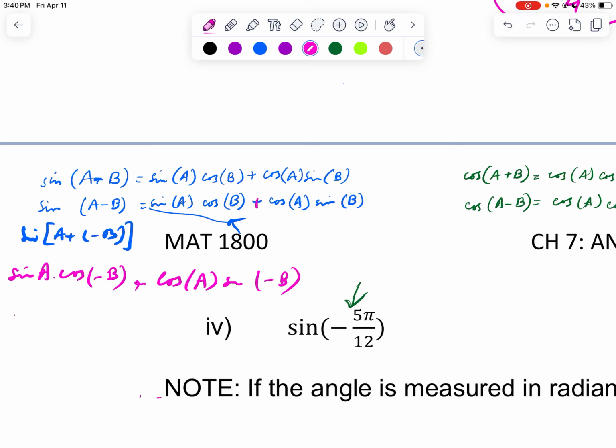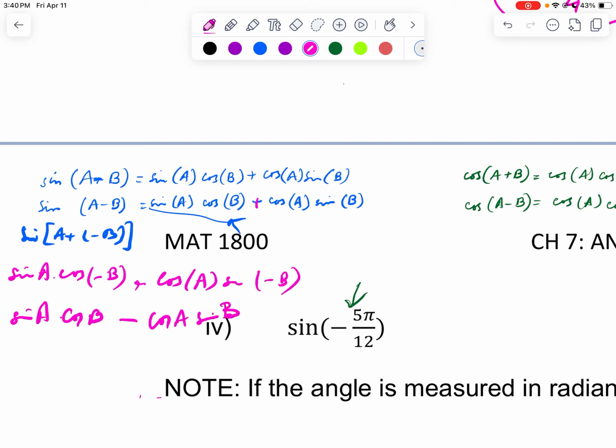So using the even-odd identity, we get cosine of B here, and then sine of negative B is negative of sine B. So the negative will come up here, and we'll end up getting cosine A times sine B.